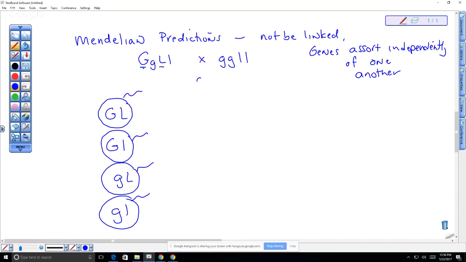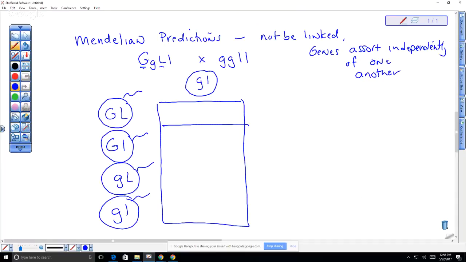I could put GL. That's the only possible egg that the female could produce, so I don't have to write that 4 times. I can condense my Punnett square into a 4x1. Okay, so these come together in my Punnett square. And I always put the G's together and I always put the L's together.